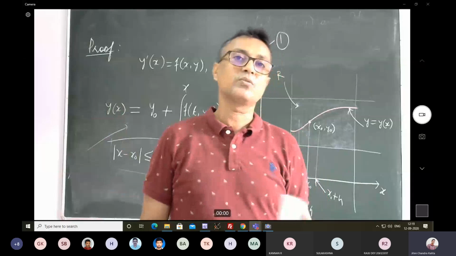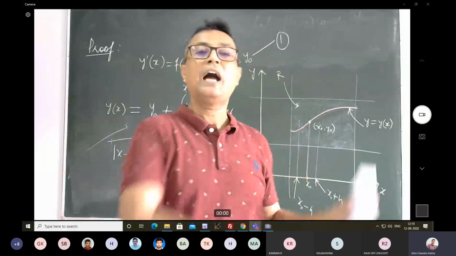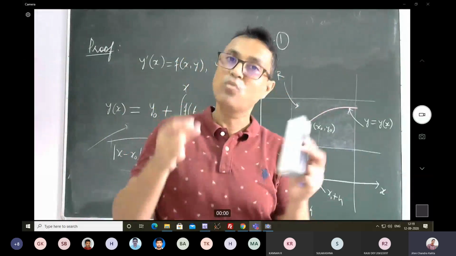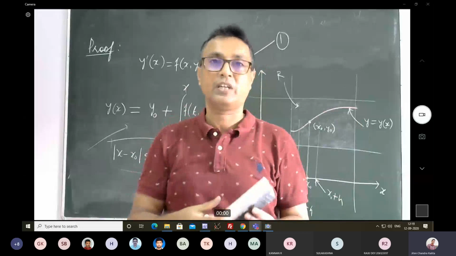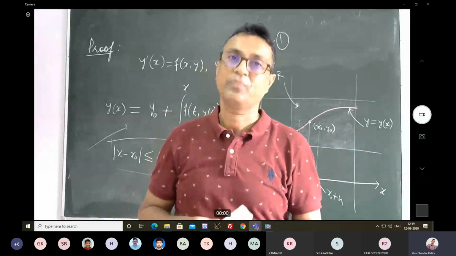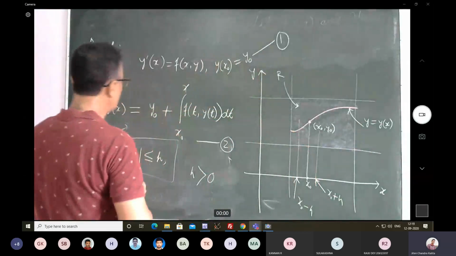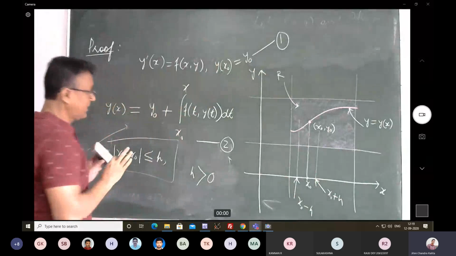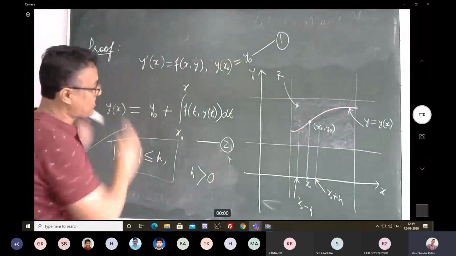Then take help of Simon's book and write down the proof on your own systematically. That is going to be of great help. So far so good. This is only the very first step.